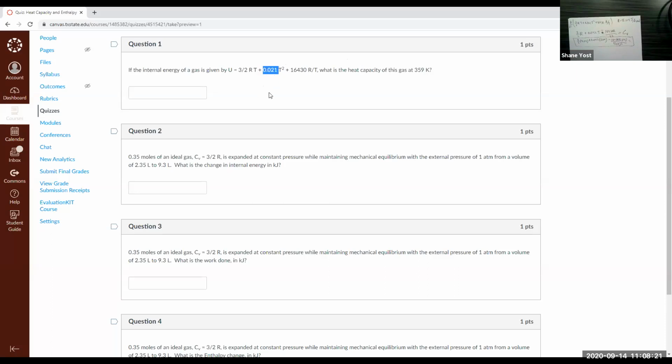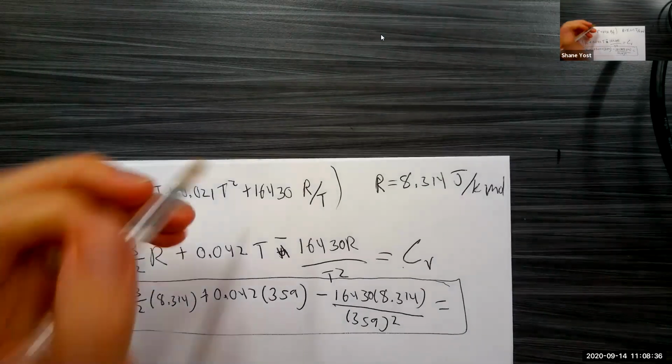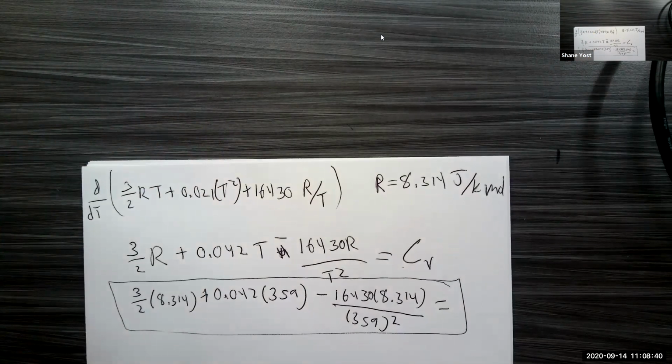So 0.021 was never squared in this problem. My handwriting might not be as clear, but when the problems are typed up, I try to make sure it's very clear that it's just T squared times 0.021.